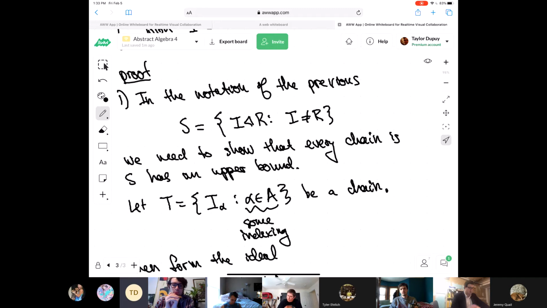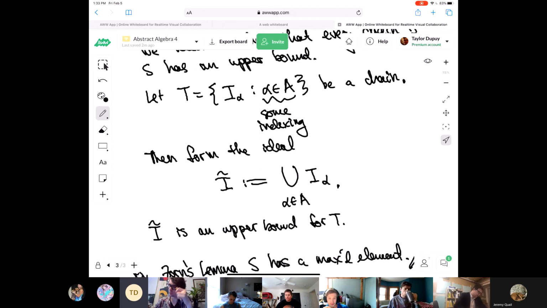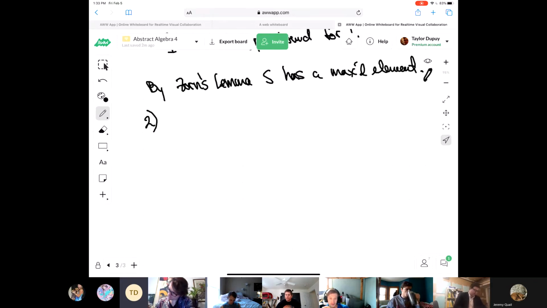So if you have I is an ideal in J and J is an ideal in K, then I is an ideal in K. That's transitivity, and that just follows from transitivity of subset inclusion. And then reflexivity is easy. So I is contained in I. I just wanted to make sure that it's all induced from the power set of R. So this is like a sub poset of the power set poset of R. Okay, cool.